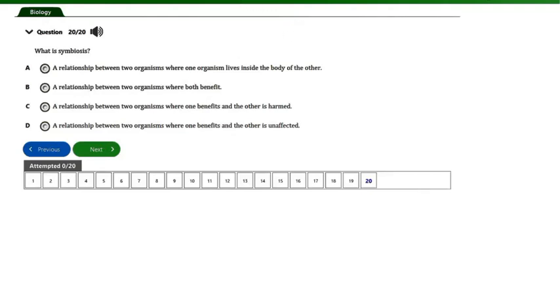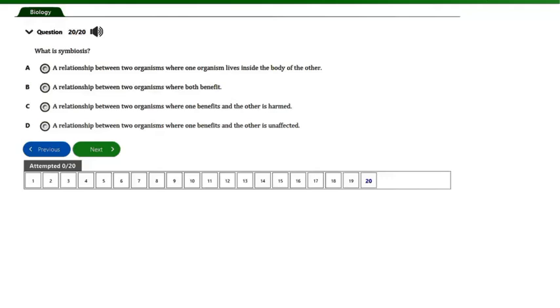That's question number 20. The question says, what is symbiosis? Option A says a relationship between two organisms where one organism lives inside the body of the other. B, a relationship between two organisms where both benefit. C, a relationship between two organisms where one benefits and the other is harmed.